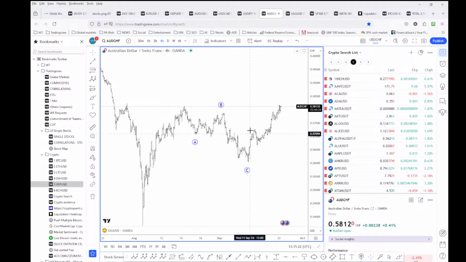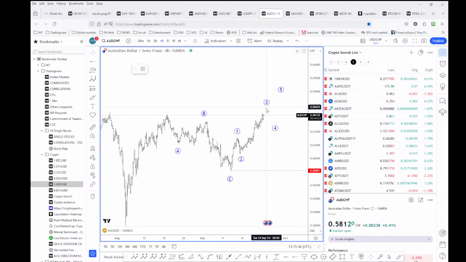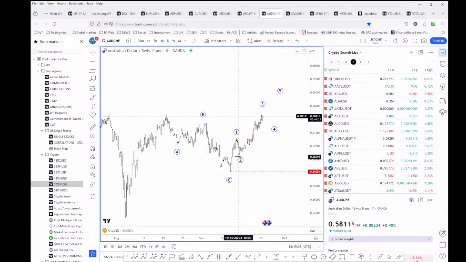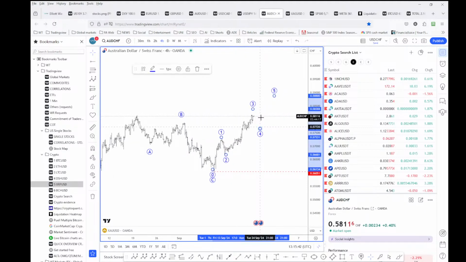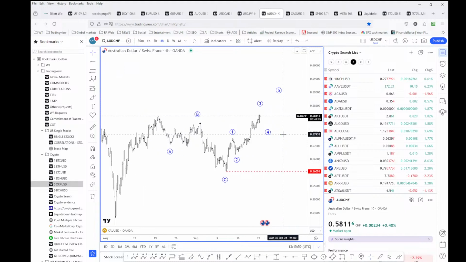But before we may say that this recovery away from those lows is finished, how many waves do we need? We need 5 waves, right? And so far, I think that we have some very nice and beautiful wave structure here. I can also count 5 subwaves within this wave 3. So maybe a buy the dip scenario could be very interesting on this one for more upside.